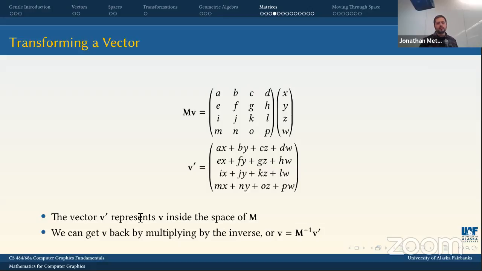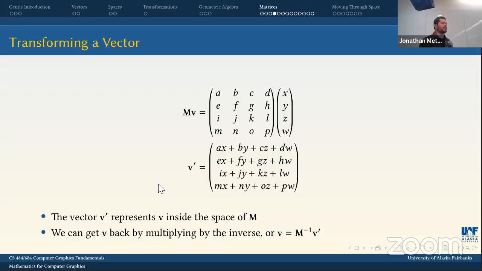So we take A, B, C, D and take the dot product with X, Y, Z, W, and that becomes your X component. You take the second row, E, F, G, H, and dot product with X, Y, Z, W, and that becomes your next Y component. And that is how you transform your vector, say V prime, and V prime now represents V inside the space of M.